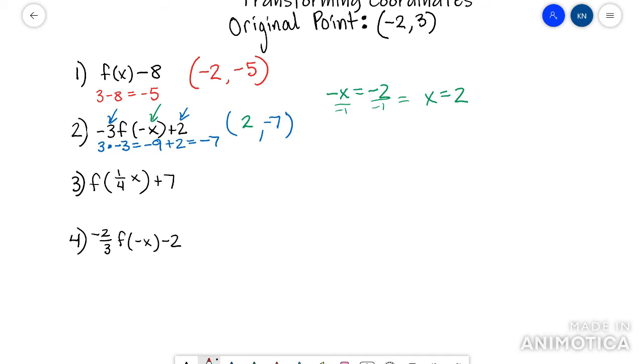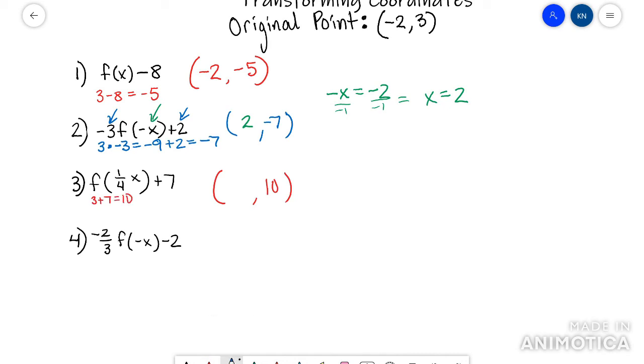Okay, this next one. It doesn't matter if you do x first or y first. Some people probably do x first. I'm a little different. I do y first. I do the outsides first. So I'm going to add 7 to the y of my coordinate. So I know the y is going to be 10, because I did 3 plus the 7.